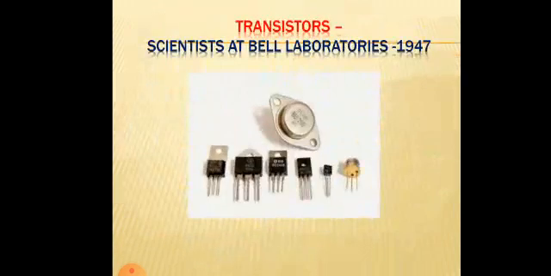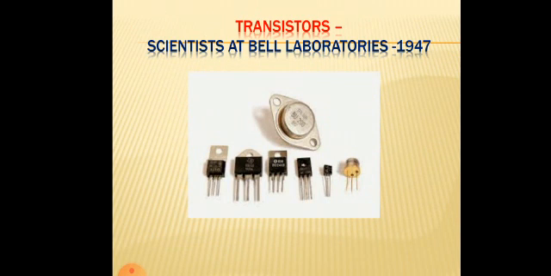Scientists at Bell Laboratories invented transistors in 1947. These transistors replaced vacuum tubes. This transistor is a very important invention.